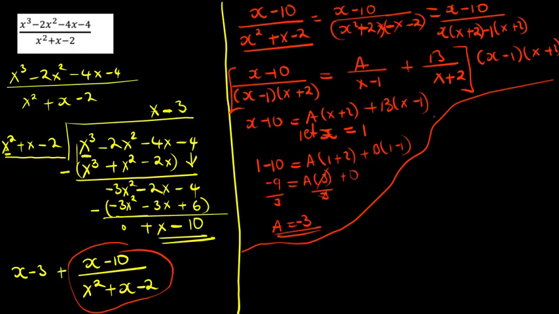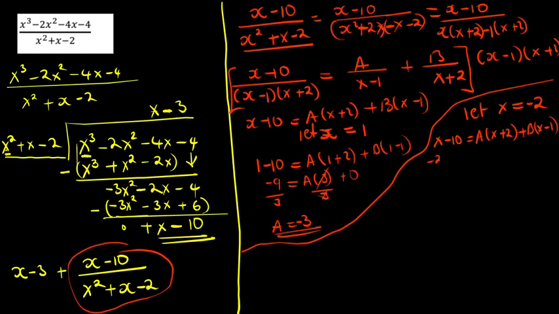On b, I'll say let x equal to the opposite of that, that's negative 2. So I'll replace in that equation, which is x minus 10 equal to a, then x plus 2, plus b times x minus 1.